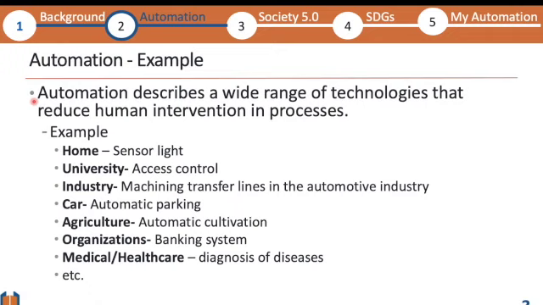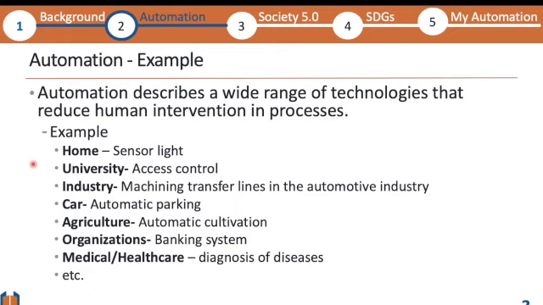I wrote the definition here. Automation describes a wide range of technologies that reduce human intervention in a process. So basically automation does work that reduces human intervention.